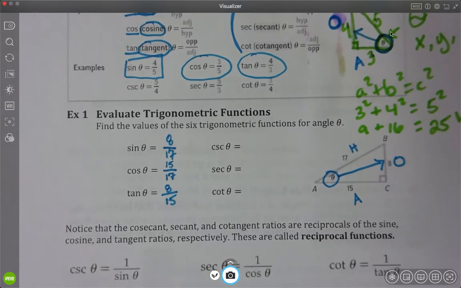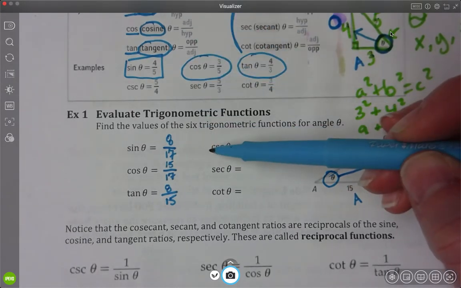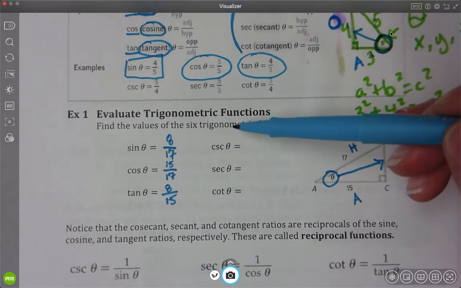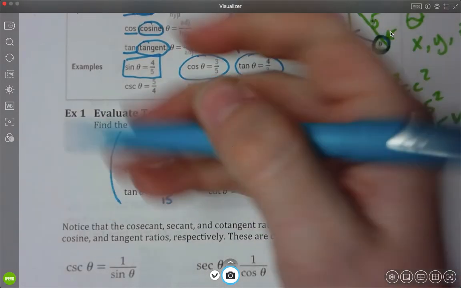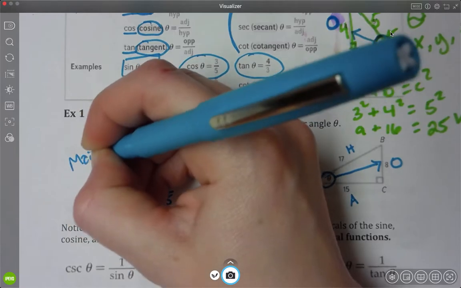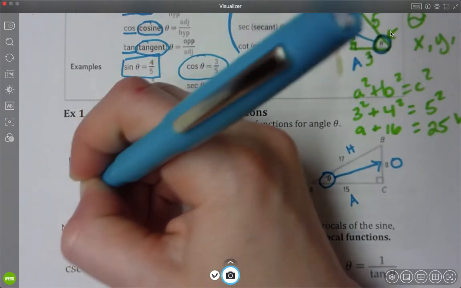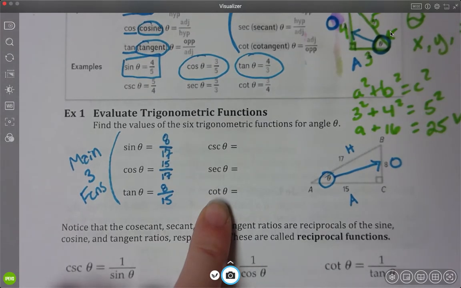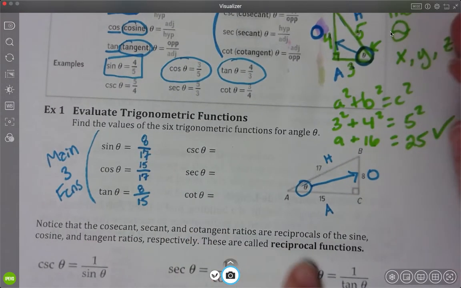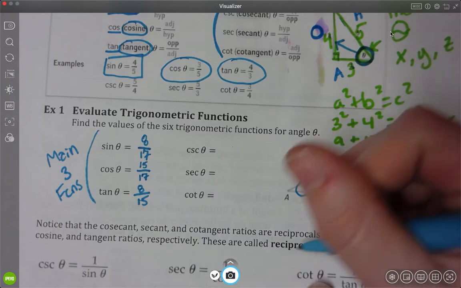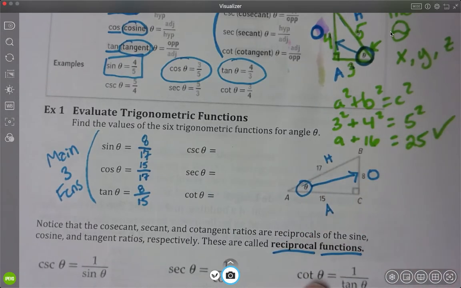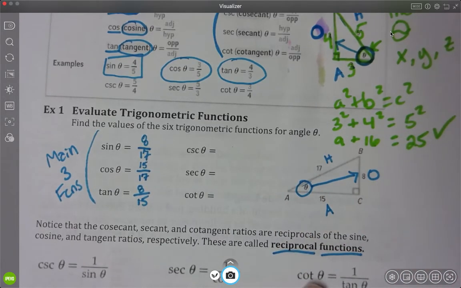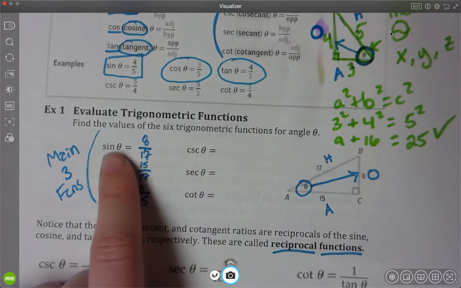Okay, all right, so now the other 3, they want us to find the 6 trig functions. These are the main 3. I'm going to put main 3 functions. Okay, but then they have these guys that go with them, and these are called reciprocal functions, and the way that reciprocal functions work is they're kind of the opposite of their significant other.